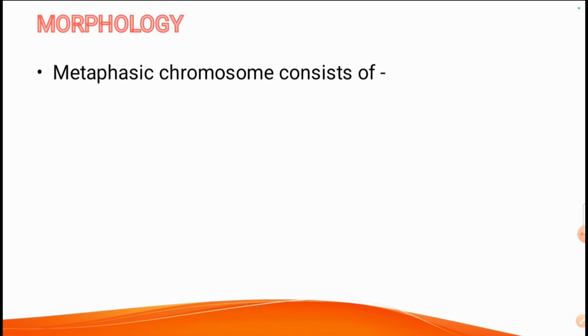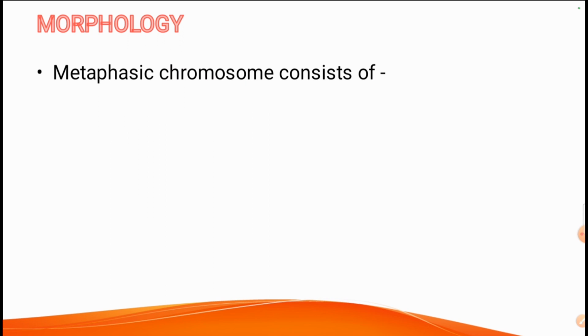As far as chromosomes are concerned, we are generally concerned with the metaphasic chromosome. Why? Actually, during cell division, the chromatin condenses, and by the end of prophase, they appear as distinct thread-like structures called chromonemata. Singular is chromonema.